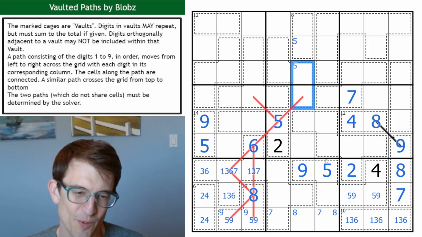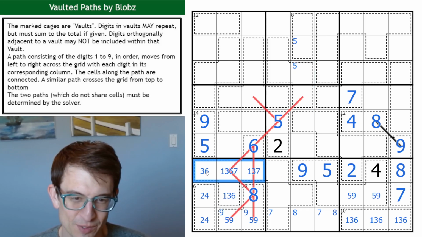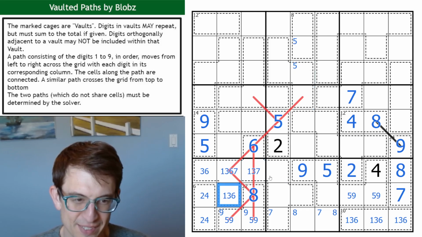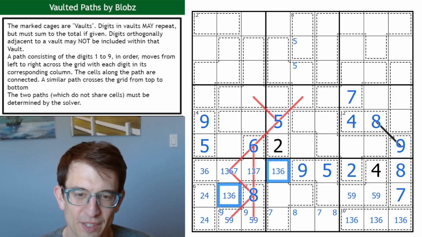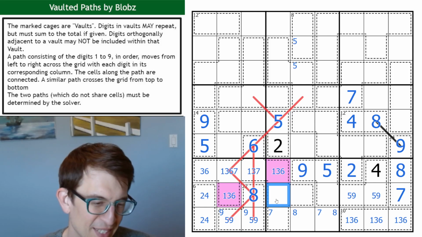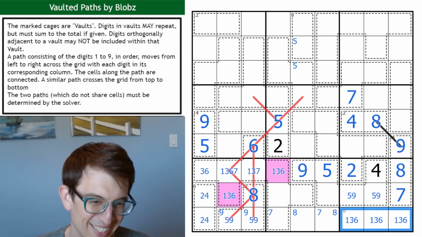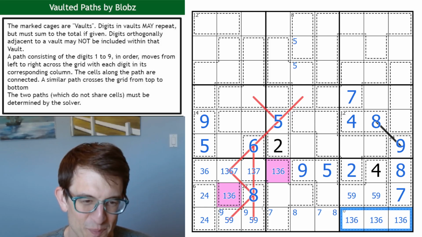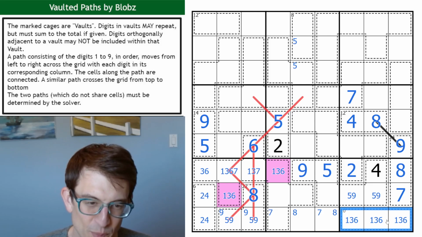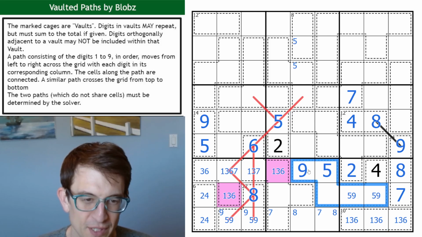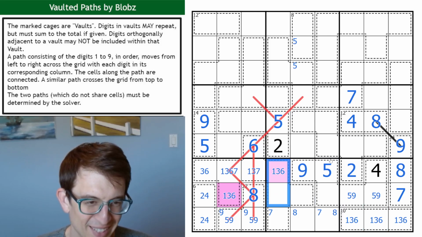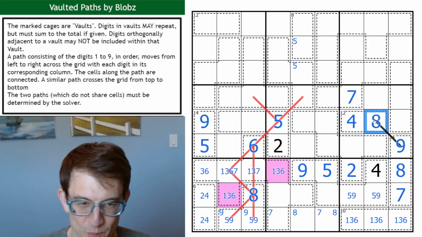So then what is next? I should know this is, yeah, this is this digit. I'll mark that with a little purple pink flash, I guess, which is here somewhere. These 2 digits are going to go in this cage somewhere because they don't go in here. They don't go in this cage by the vault rule. But I don't think that's worth marking.